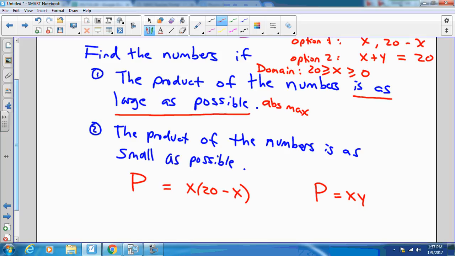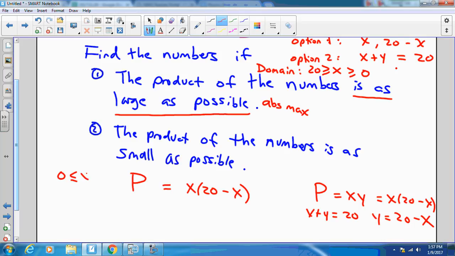If I'm doing option number 2, my product will be x times y, but since x plus y is 20, that means that y is 20 minus x, so that my product is still x times 20 minus x. So whether you do option 1 or option 2, you end up with the same equation regardless.